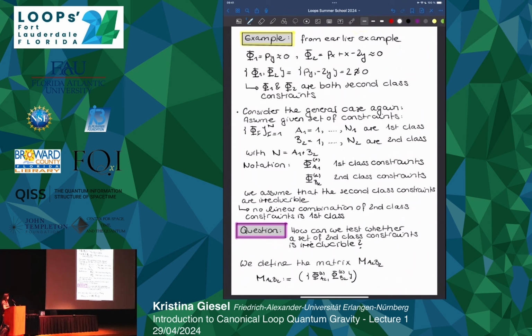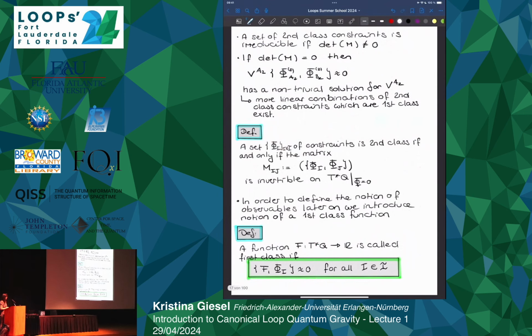So what I can do is I can define a matrix which is labeled by A2 and B2, so the index of the second class constraint. And the elements of this matrix are all results of all Poisson brackets of the second class constraints. If I do this, I can check whether the determinant is vanishing.